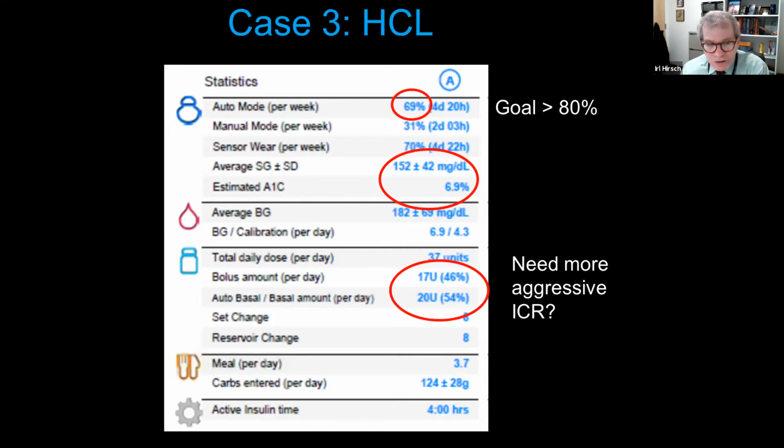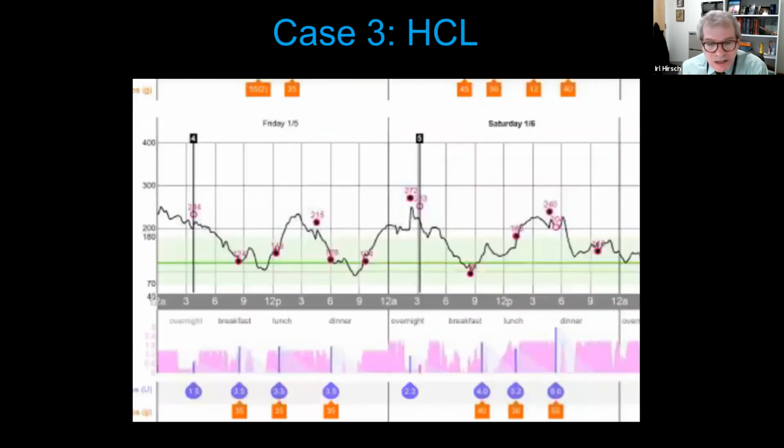And what we've learned is that it's better when the bolus is up closer to 60%. So when I see a bolus less than 50%, I suspect there's a problem. And I can see it here because when you look at the basals, which is the pink down here, it shouldn't look straight across. That means that the basal is always trying to keep up because there's not enough bolus.